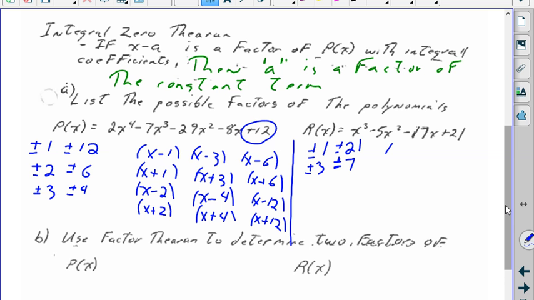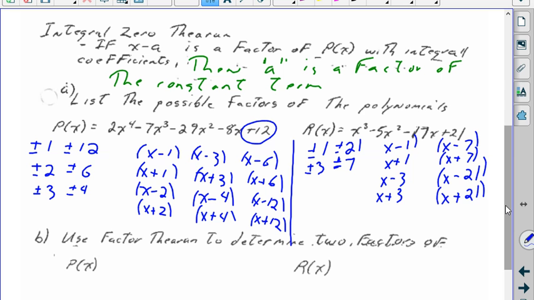So again, the zeros of the polynomial, the things where, if I plug in one of these numbers, I'm going to get 0.